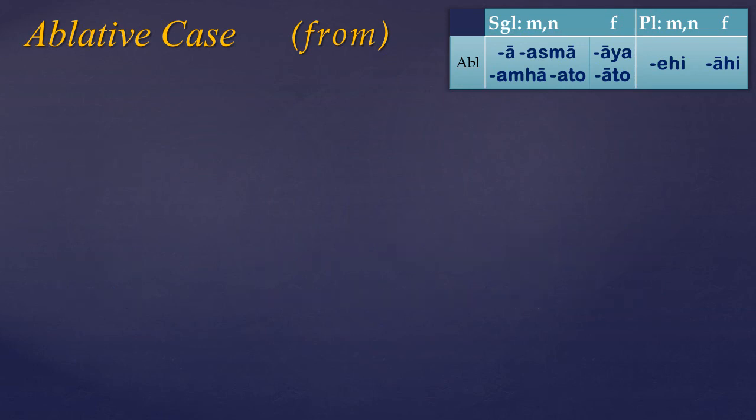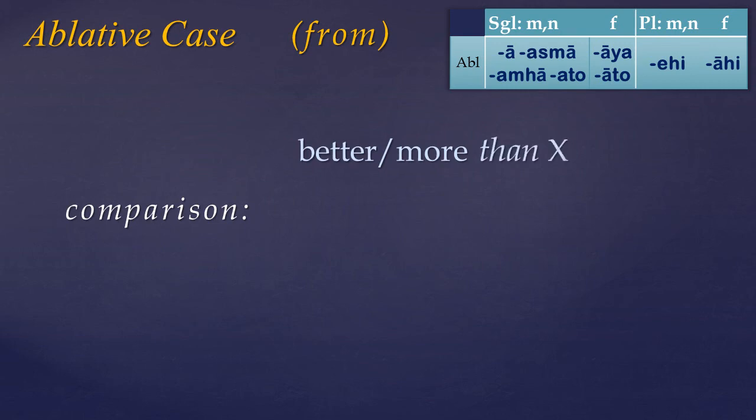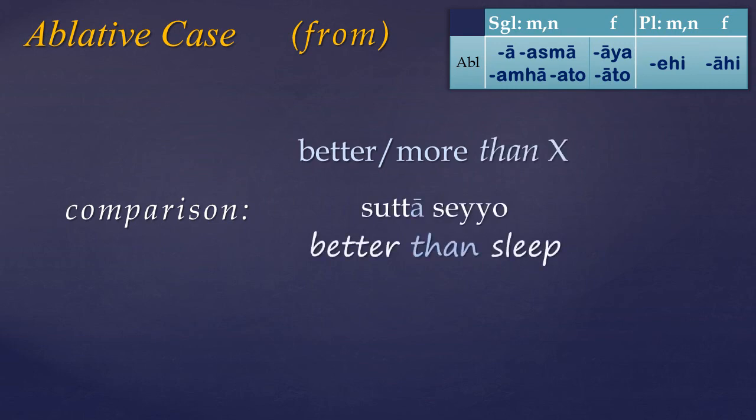Many of these are natural, considering that the ablative often expresses from, except to add that the ablative noun is sometimes used in comparisons, with the meaning better than sleep. But we'll cover this more in Lesson 18, when we'll look at comparative adjectives.